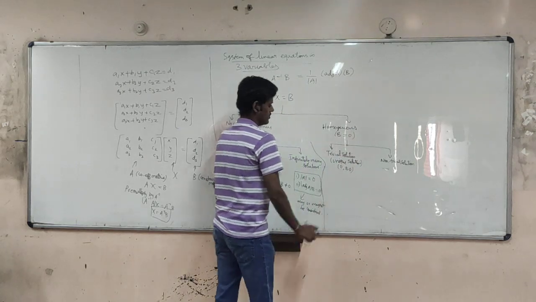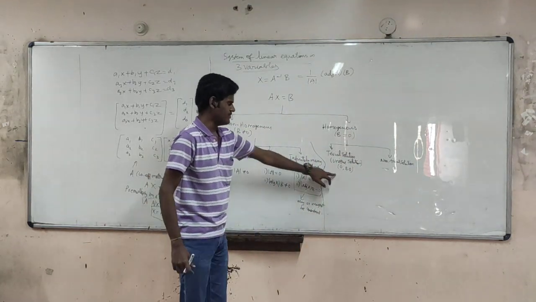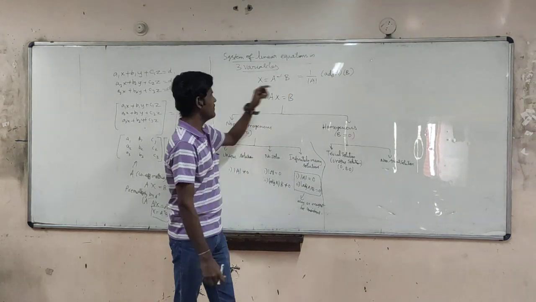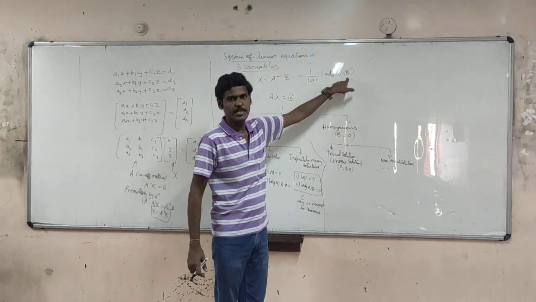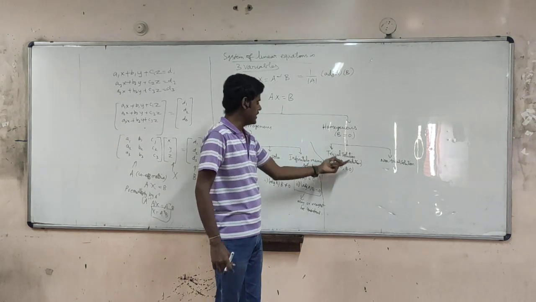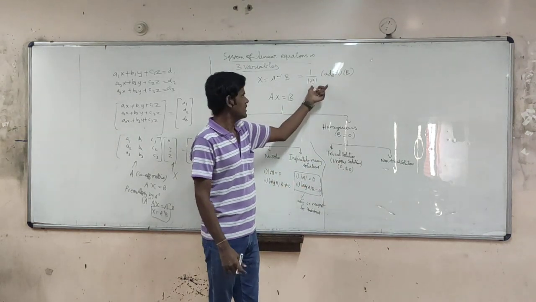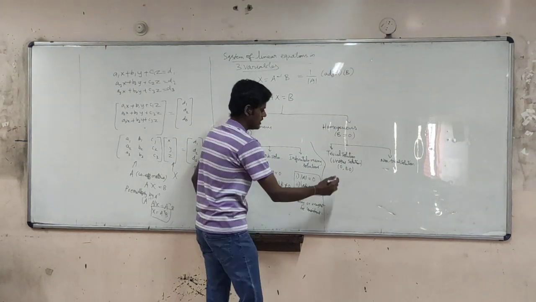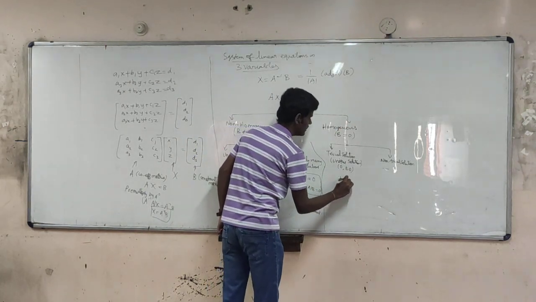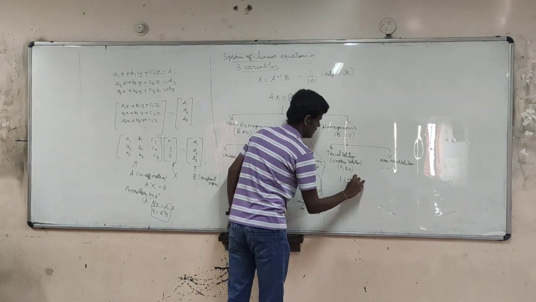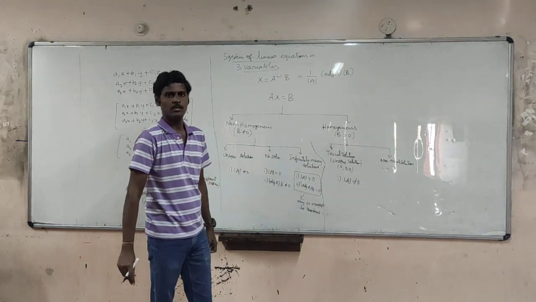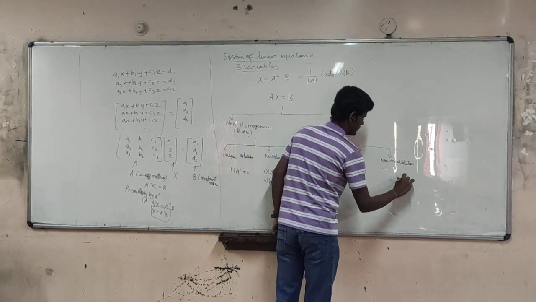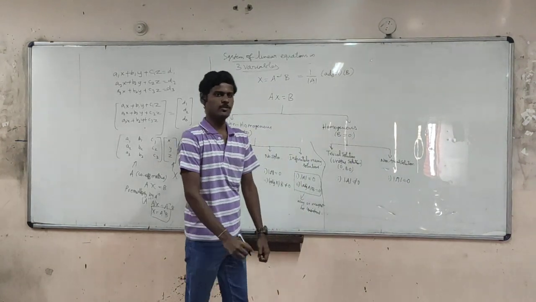Next, for the trivial solution, observe here: unique solution and determinant of the B matrix is 0. So adjoint A into B is always 0, and we need a unique solution. That means determinant A is not equal to 0. Then all the values will be 0. So here determinant A is non-zero. Obviously, for a non-trivial solution, determinant A equal to 0.